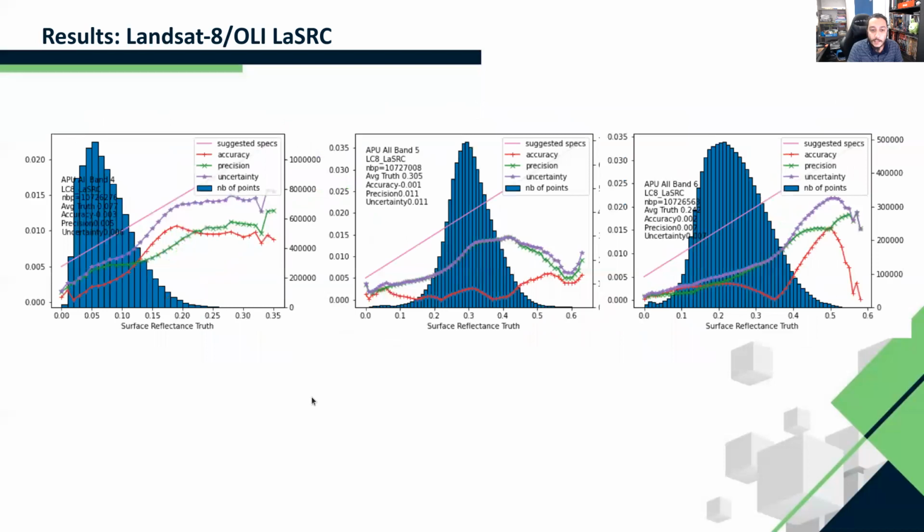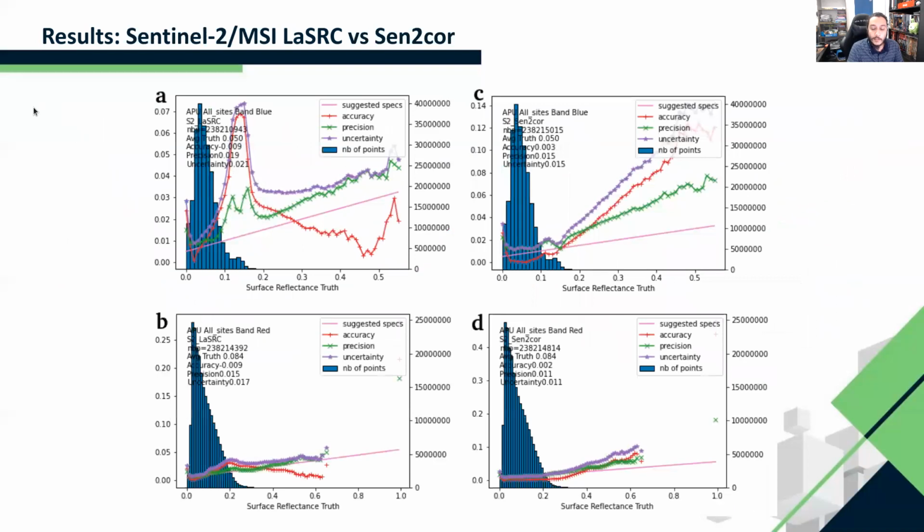And we can see in the other spectral bands that almost all of the data, the APU metrics, were beneath this reference line. However, when we compared the Sentinel data, this did not occur. Here on the left, we can see the blue and the red band, both processed using LaSRC on the Sentinel-2 images.